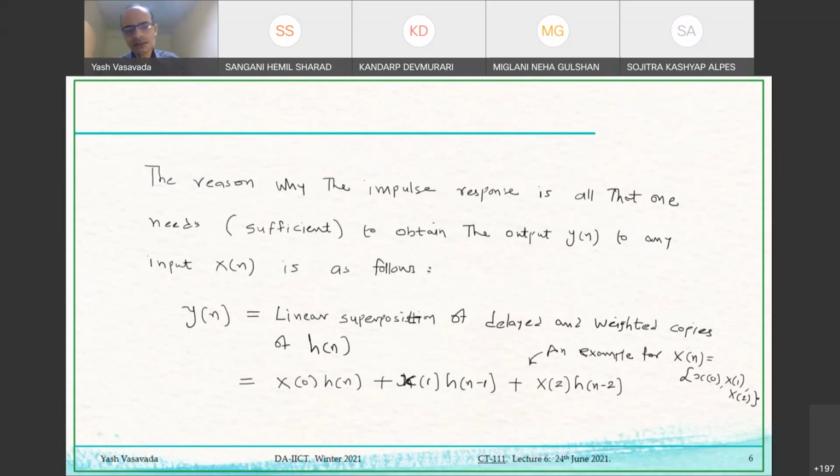So if this input is made up of only 3 values, x0, x1, and x2, then this shows that the output is obtained by this impulse h of n. Here it is not delayed. That's why it's just h of n. And I weight it by x of 0.